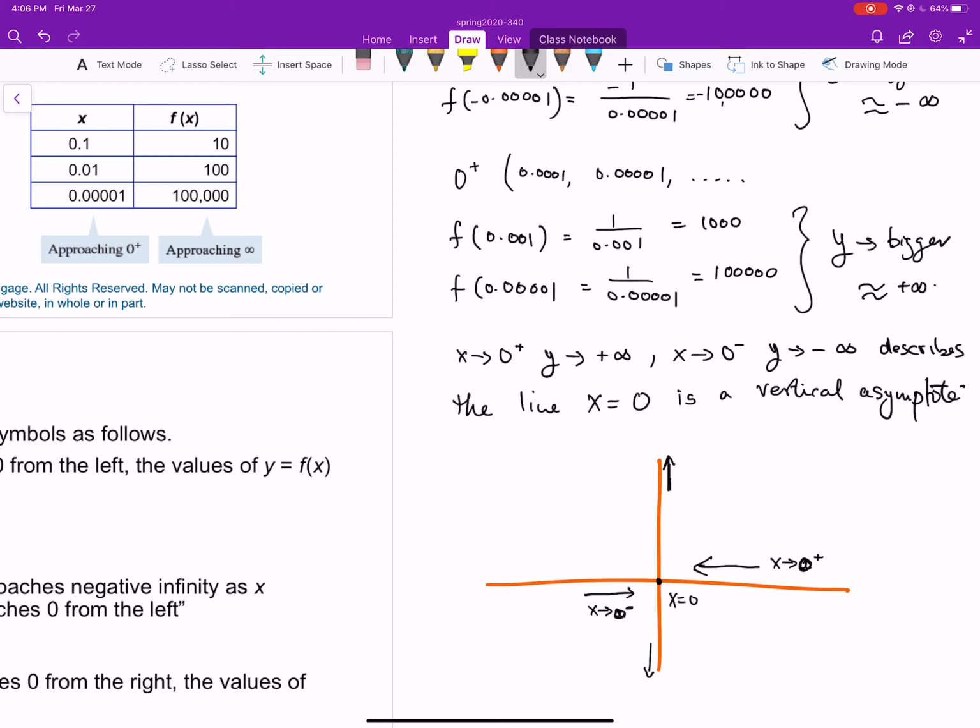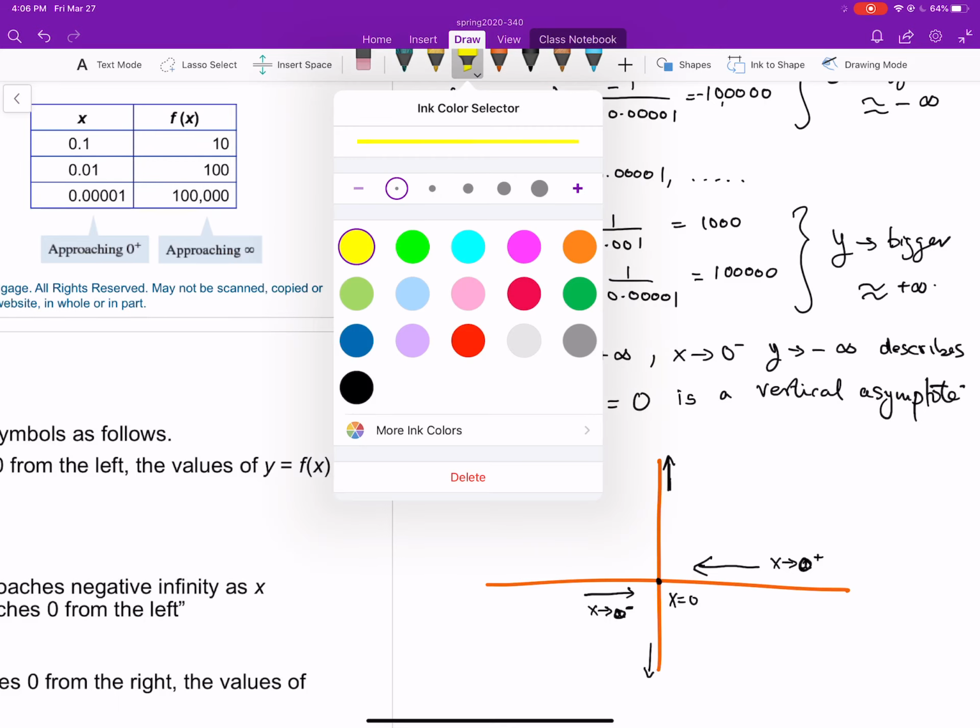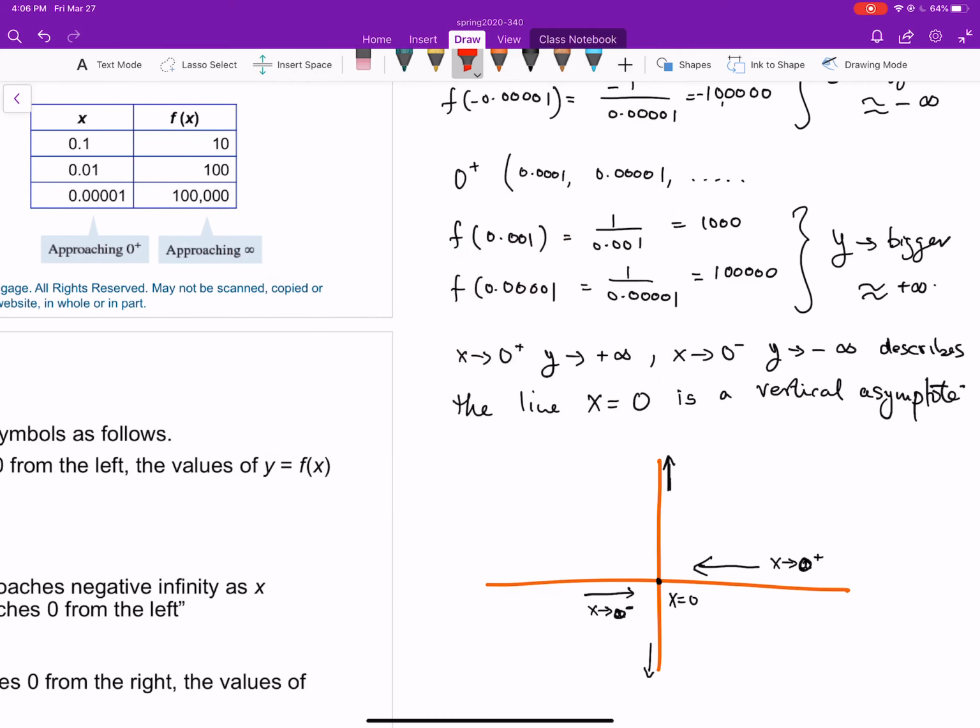So what we've discovered is that we now have this line. It didn't really work out, but we can certainly use a different color.